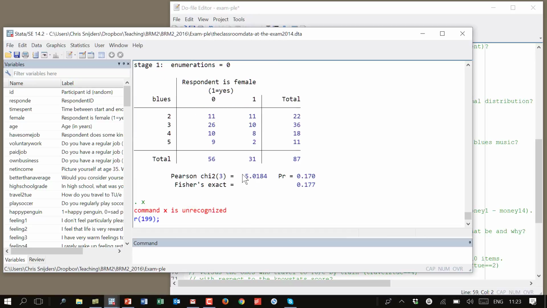So that would be just fine, and actually does make a big difference in terms of the answer, because now we get a value over there that is bigger than 0.05. So now we don't see any differences anymore.